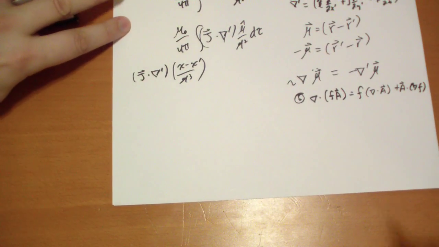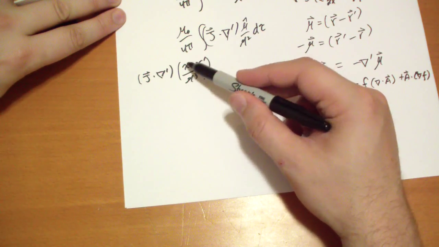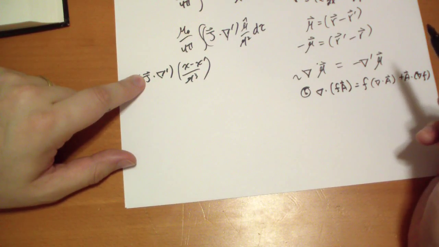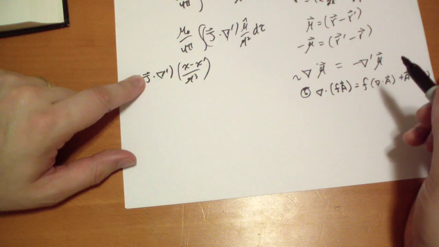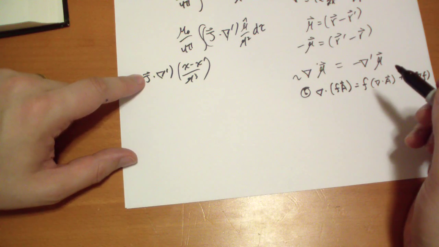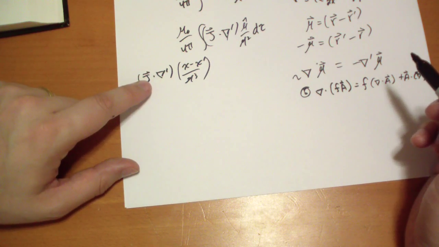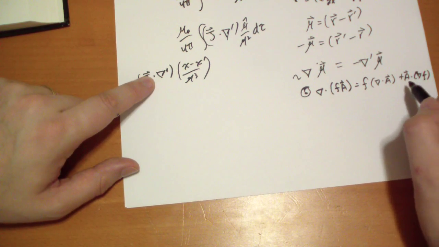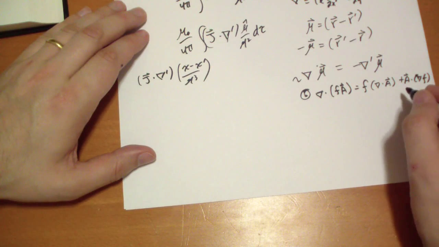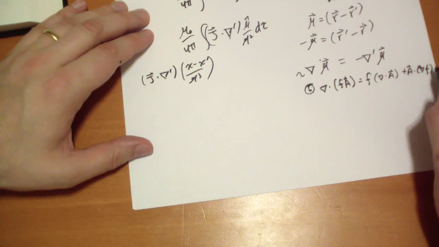Here we have a scalar function, and here we have a vector. So vector dot the gradient, that's the second term there.